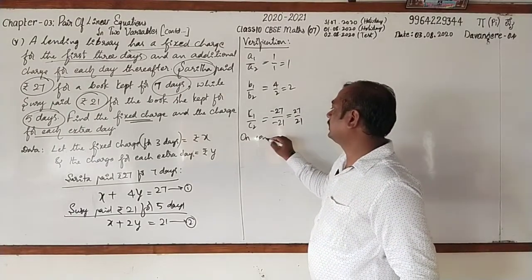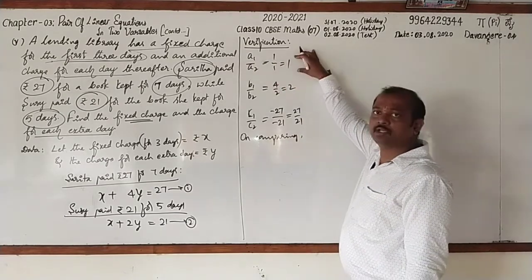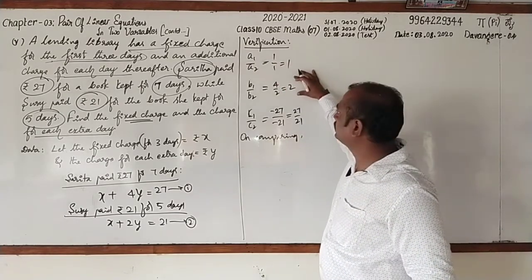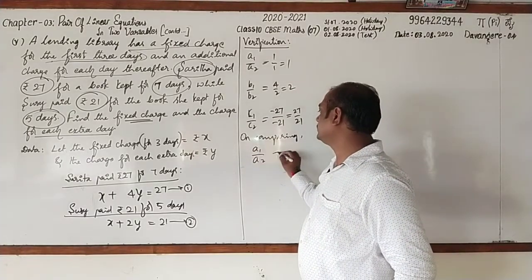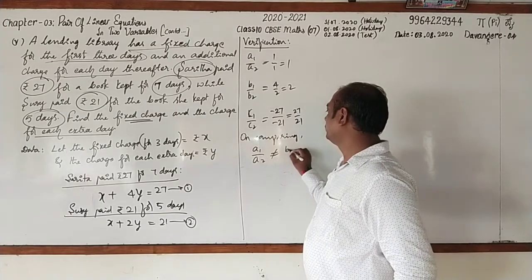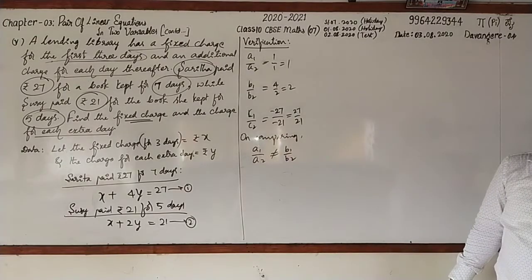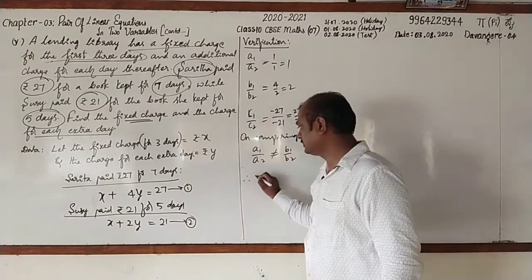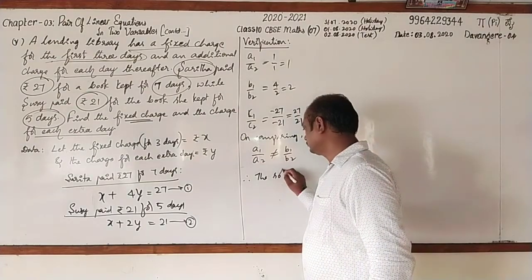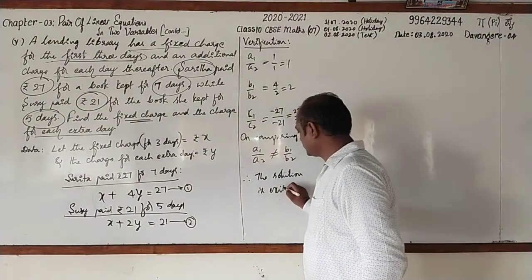On comparing, we can say that A1 by A2 is 1, B1 by B2 is 2. Are they equal? Not at all. A1 by A2 is not equal to B1 by B2. Then what type of solution? It is unique. Whether the solution exists? Yes. Therefore, we can write the solution is existent.